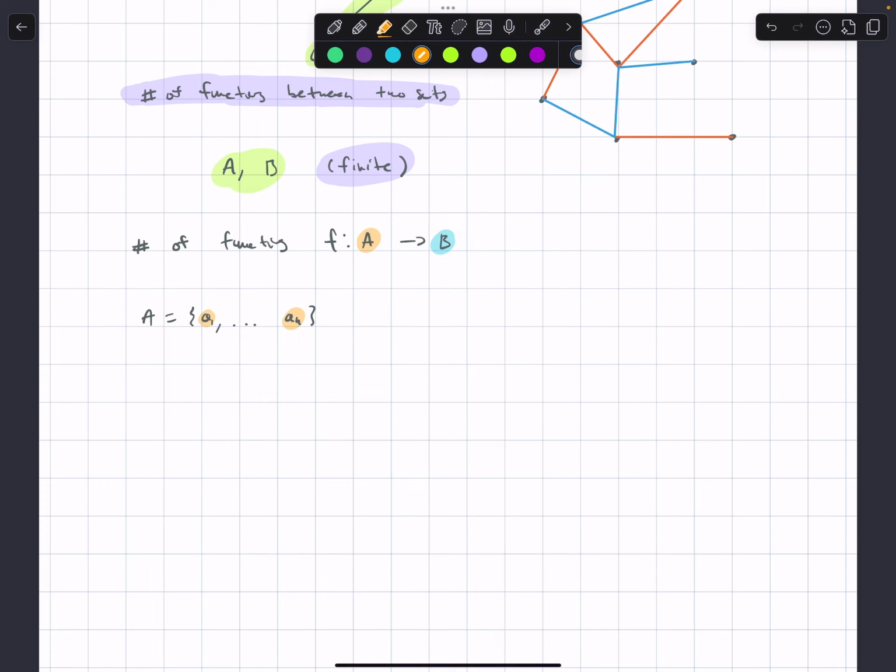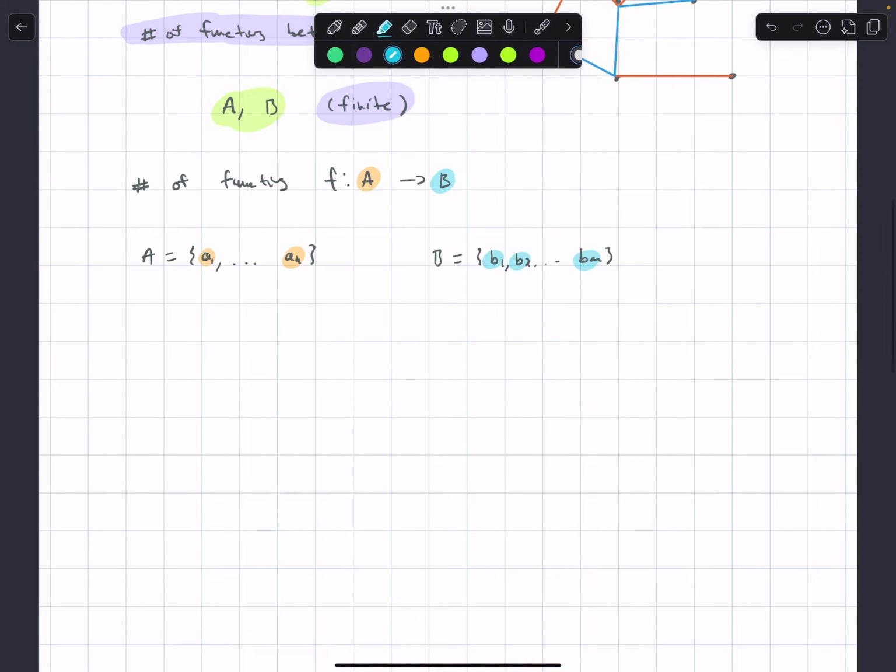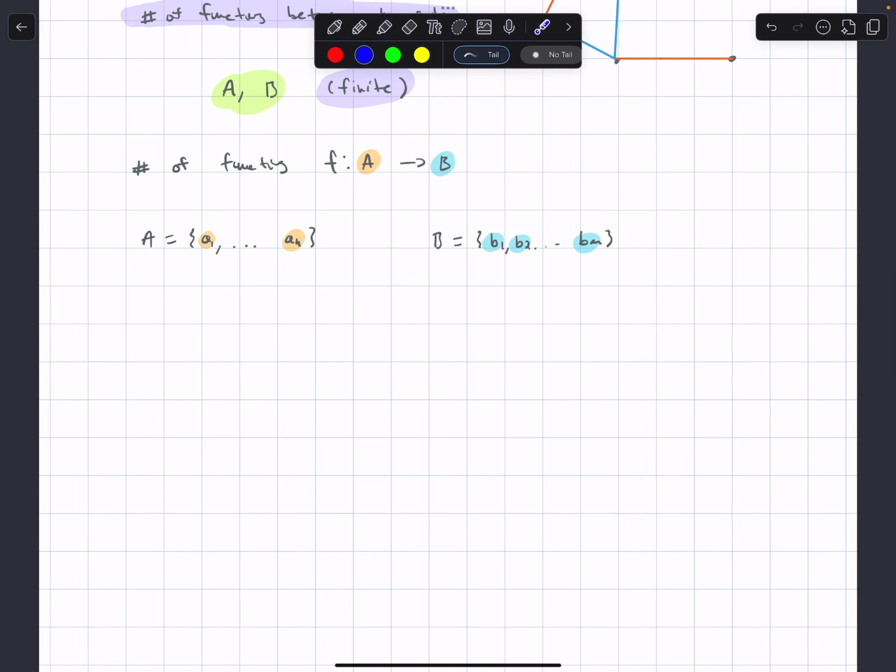And then the set B has m elements, B1, B2 all the way through Bm. They are both finite sets. And so two functions are going to be the same if they send the A's to exactly the same B's.